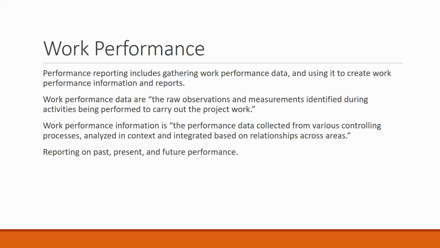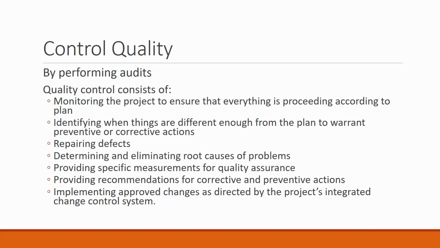Work performance information is the performance data that's collected from various controlling processes, analyzed in context, and integrated based on relationships across areas. We're reporting on past, present, and future performance. You'll see that in the template that you're going to be using to do your project performance reporting.